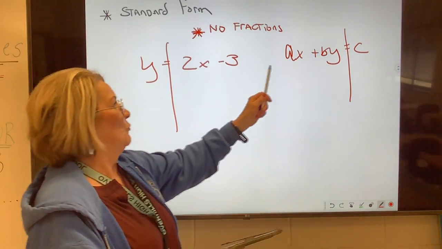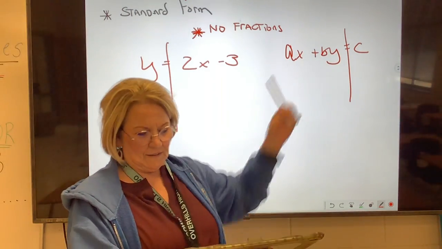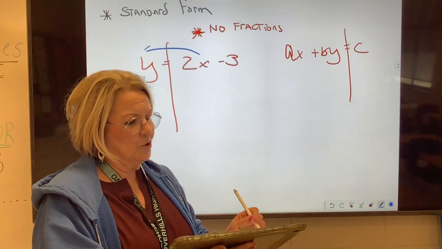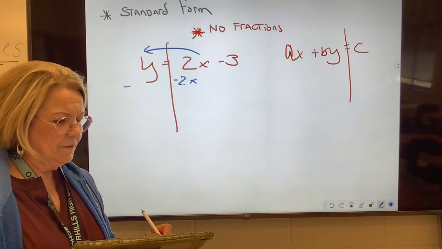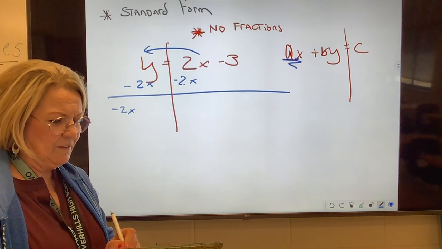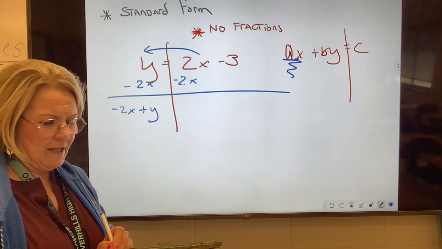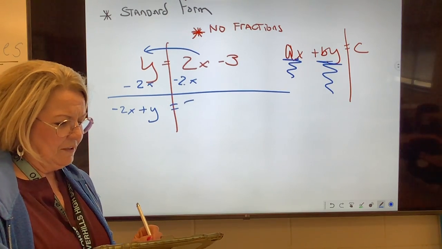So what here needs to be moved over for it to look like this? If you said the 2x, you're right. X's have to go over. So I'm going to subtract 2x, and that gives me a negative 2x. X's come first, plus y comes second, equals negative 3.